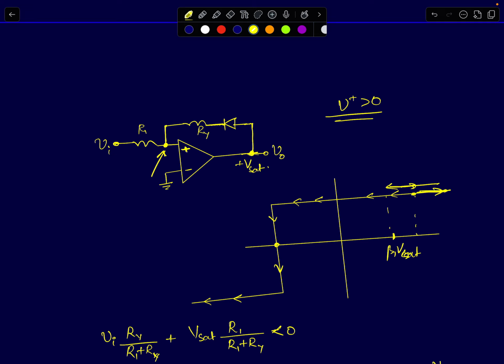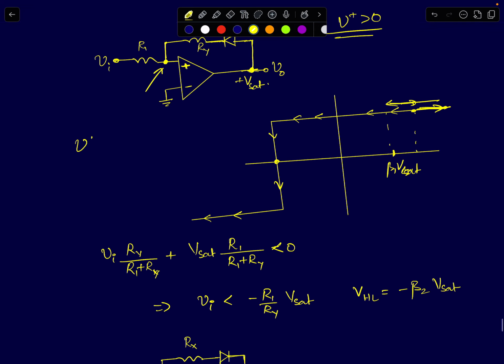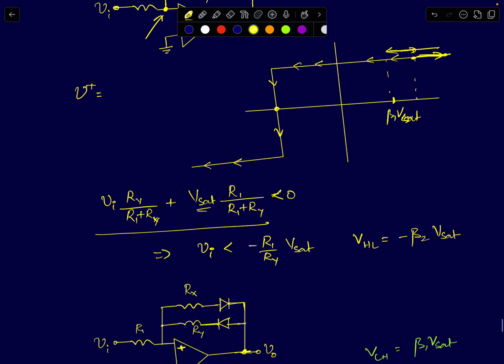Now I slowly start to decrease my input from plus VSAT. All I need to do is find out when this node voltage goes less than 0. Once the output has gone to plus VSAT, the node voltage V plus will be given by superposition: Vi times Ry by R1 plus Ry, plus VSAT times R1 by R1 plus Ry. Just equate it to 0.